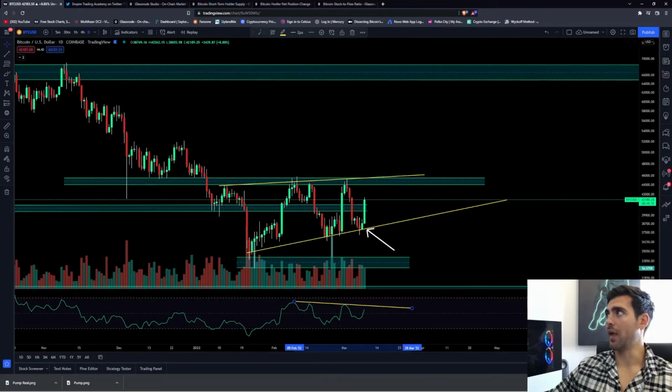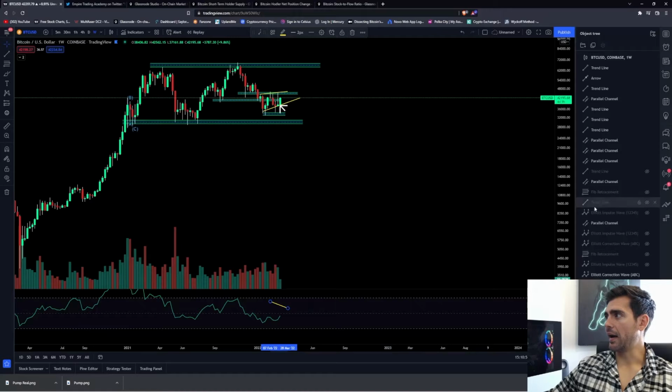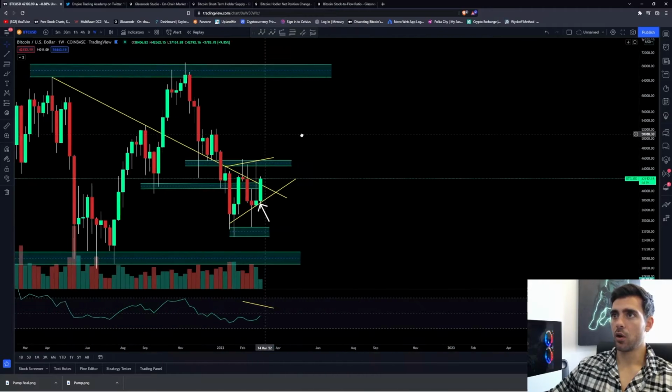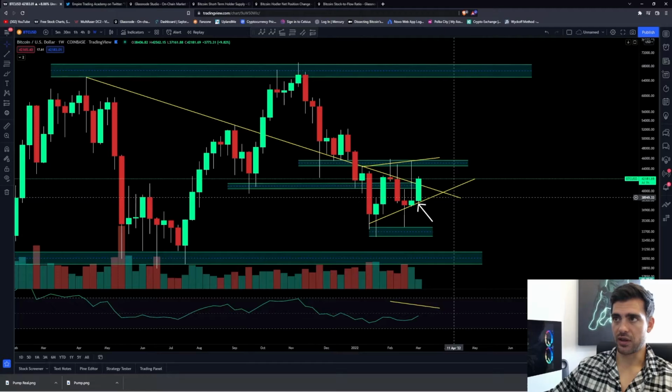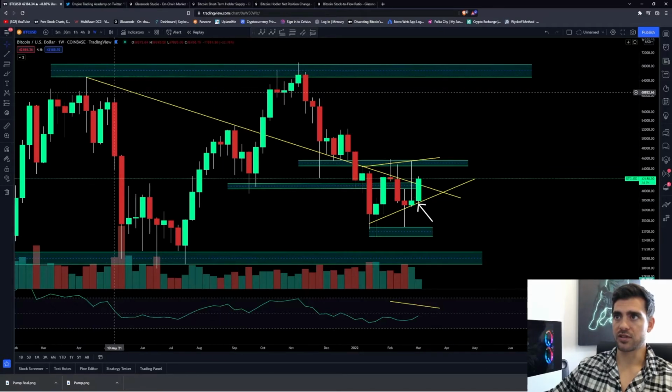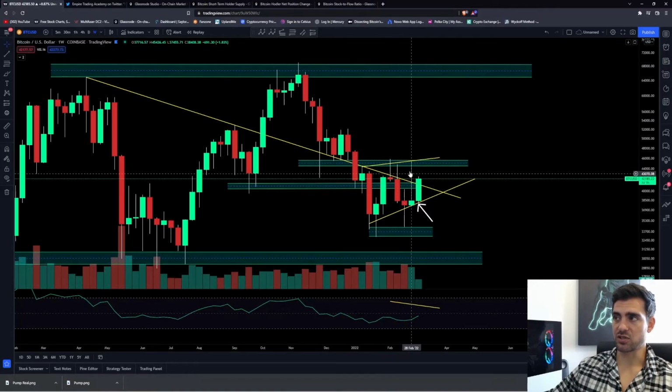Now, if we look at the weekly, again, what we're still looking for, guys, is this move or this level here. You know that we've been watching this descending trend line: resistance, resistance, support, resistance. And then here we've been watching especially closely.